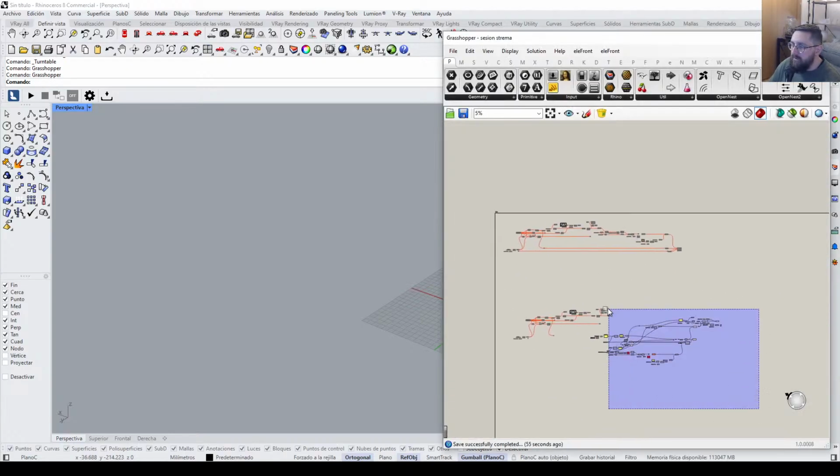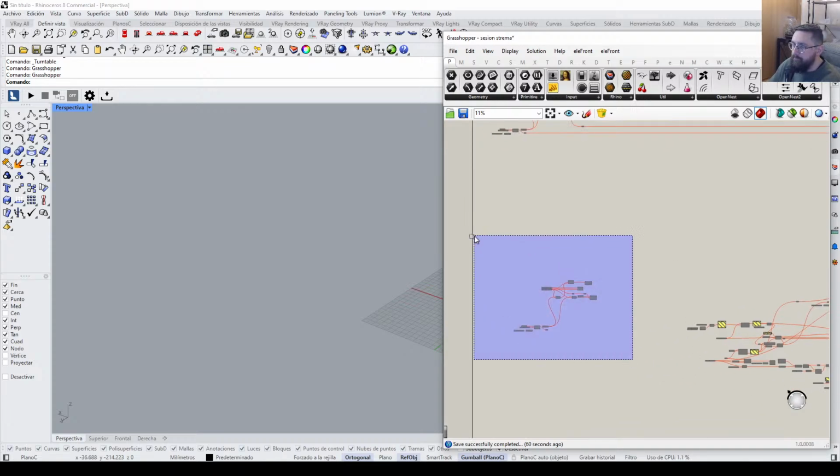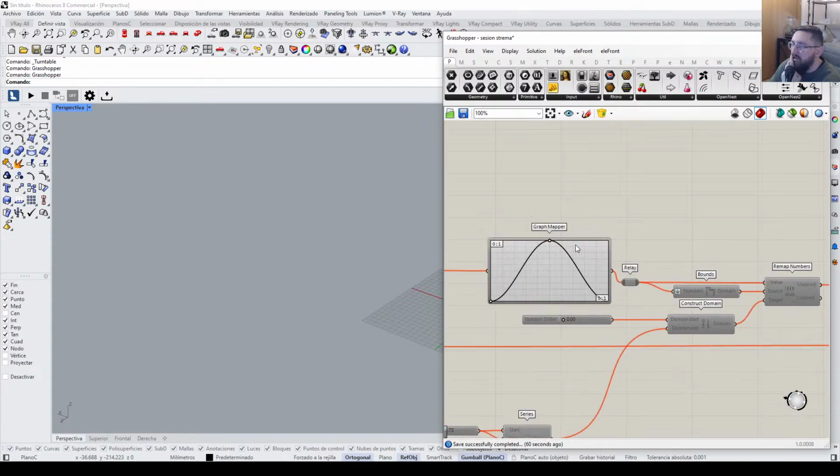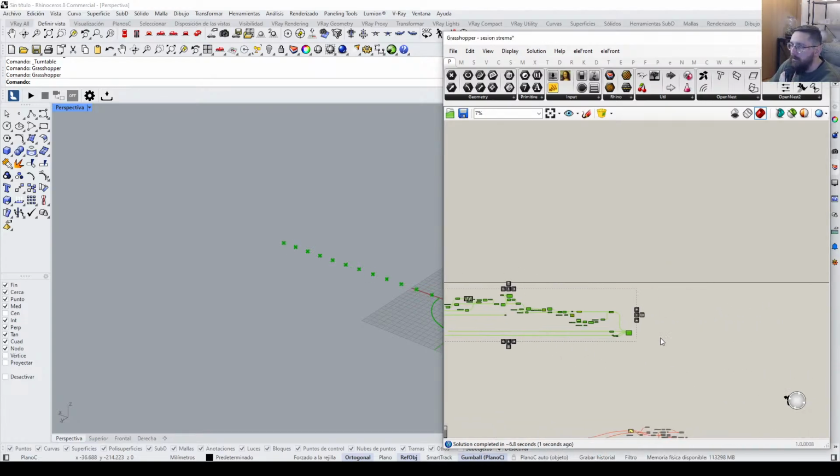The first one's interesting. It's just the results aren't as great because of the curves. I reckon I could play around with it and then get different results. It's just one of those, you just have to play around with it a lot. Let it load.